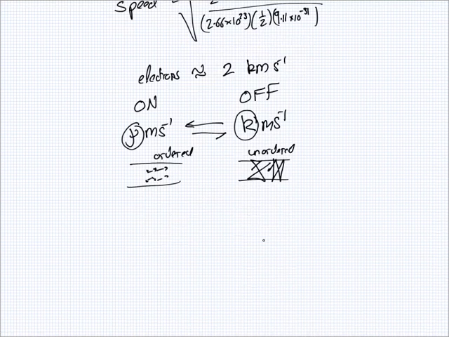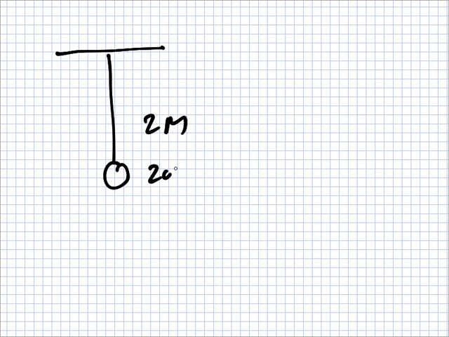Okay, so number 5 here. You have a steel wire, a boy hangs 200 grams at the end of a 2 meter steel wire. So this is 2 meters and this is 200 grams. Did I give you Young's modulus for steel? What is it?